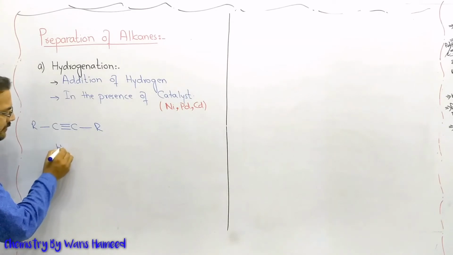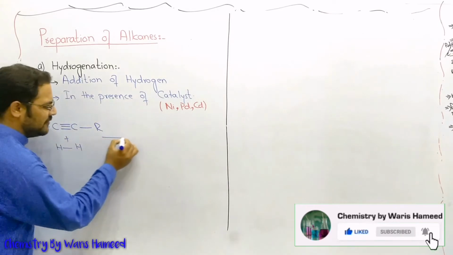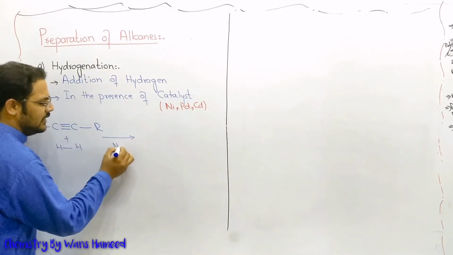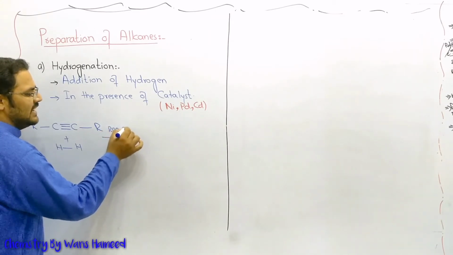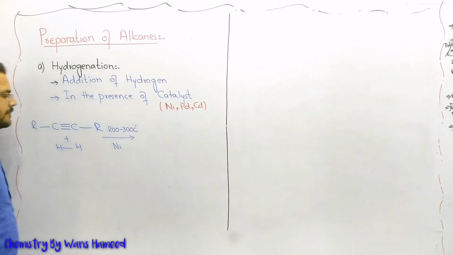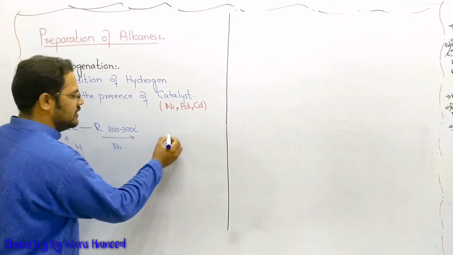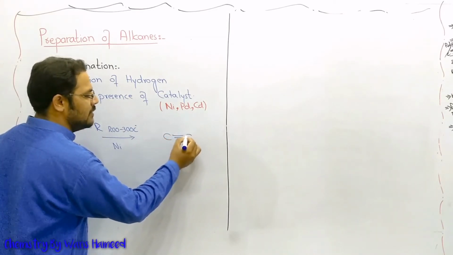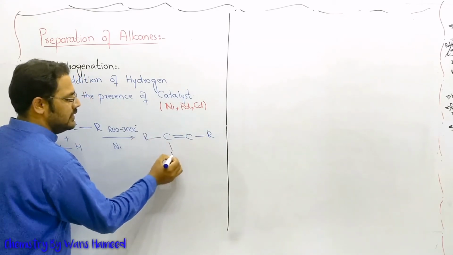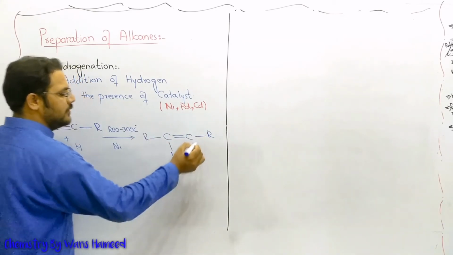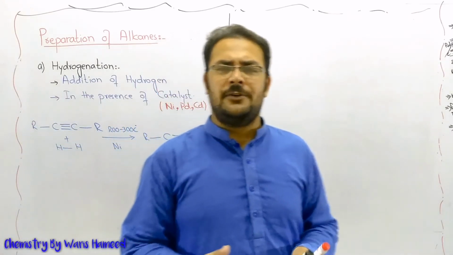I am hydrogenating it in the presence of a catalyst like nickel, at a temperature of 200 to 300 degrees Celsius. When this reaction ends, it forms alkene, carbon double bond carbon, with hydrogen on each. Up to this step we can name it partial hydrogenation.